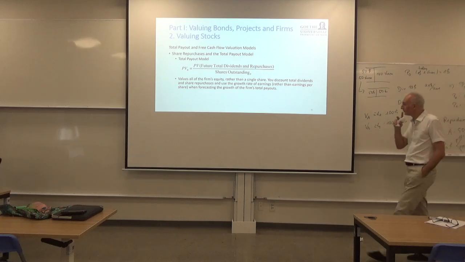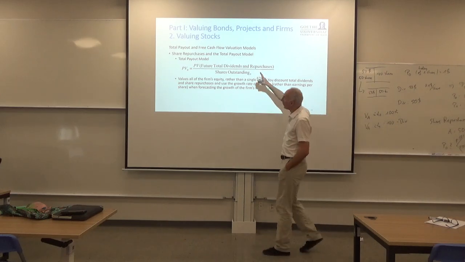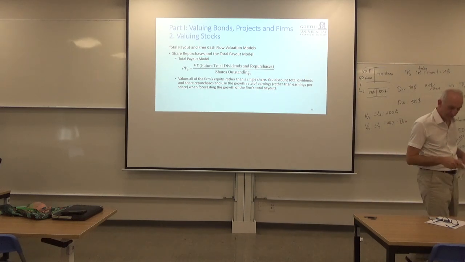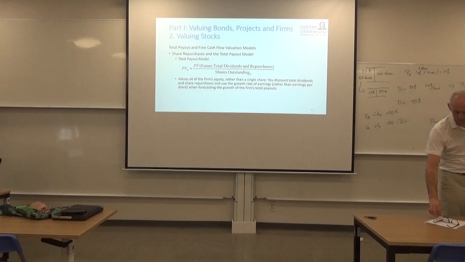And then if you think about what we had before here, the price per share is dividend divided by ROE minus growth. This was, of course, the dividend per share.